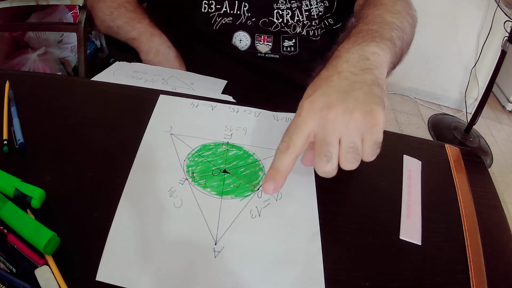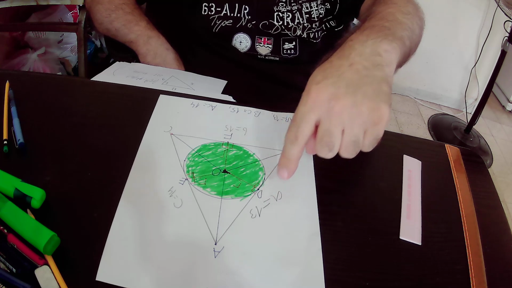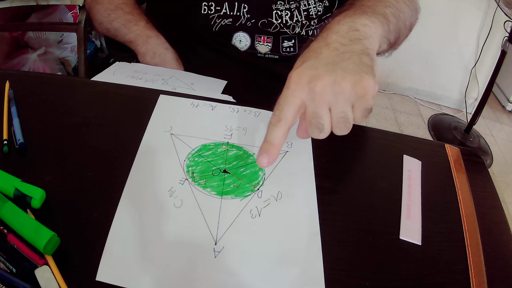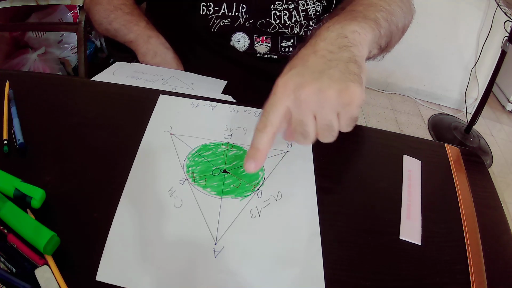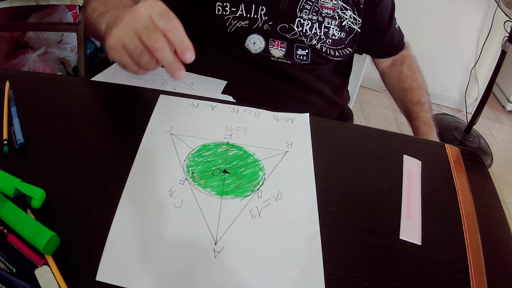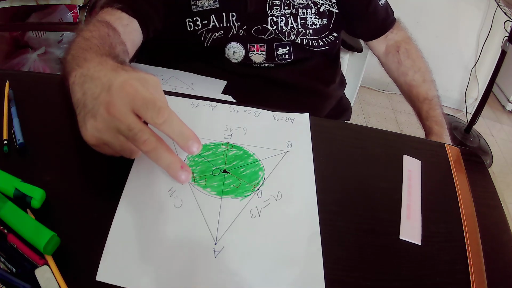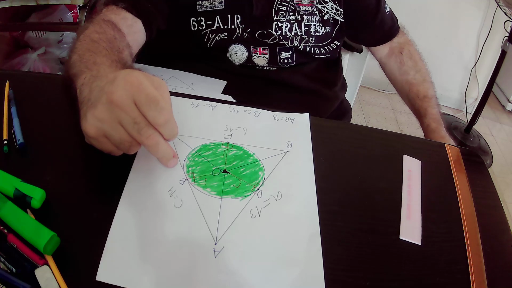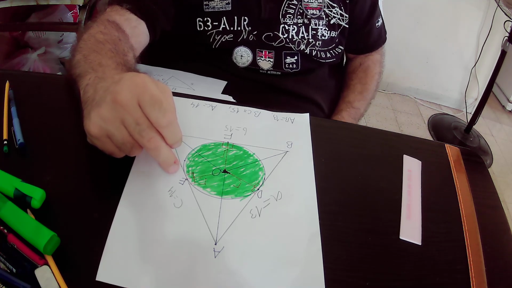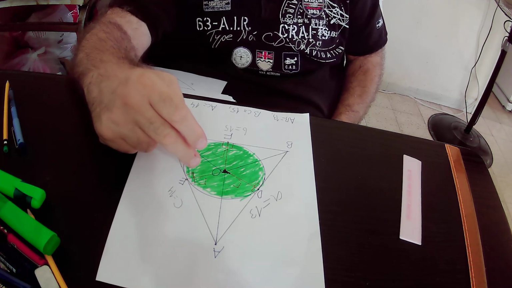Side AB is tangent to the circle at point D. That is to say, point D is the launch point between tangent AB and the green circle. And we also know that side AC of triangle ABC is tangent to the circle at point E. That is to say, point E is the launch point between tangent AC and the green circle.